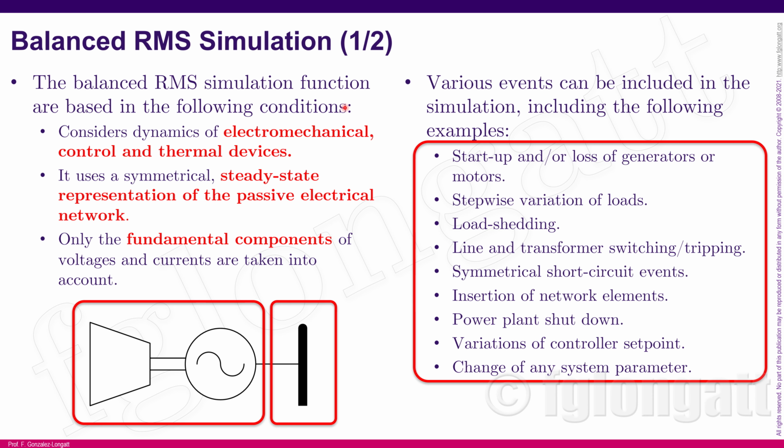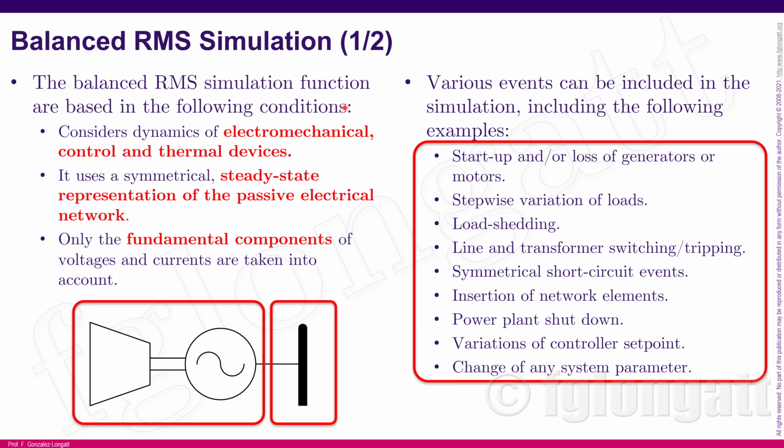And it's very interesting because when we are working just with the balanced simulation, that means that the network representation is very simple. For balanced three-phase systems, of course, the representation is extremely simple because you just need the positive sequence, okay?